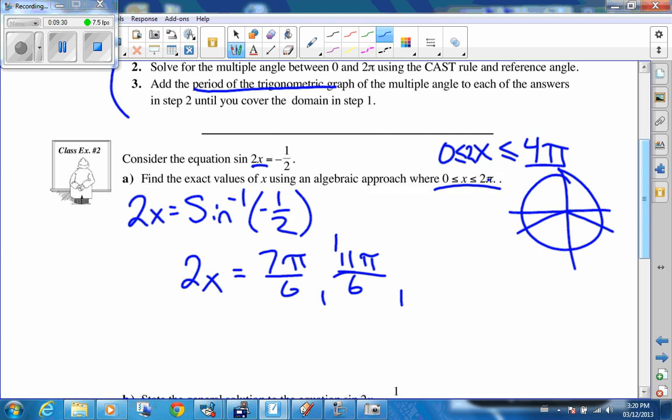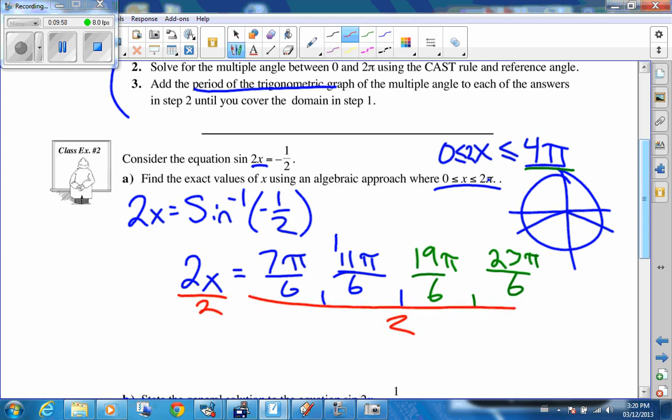I need to go all the way to 4 pi, so I need 2 more solutions. So it's going to be plus 12, so it's going to be 19 pi sixths. And then plus 12 is 23 pi sixths. Now those are all the solutions to 4 pi, and now I cut it down by 2.